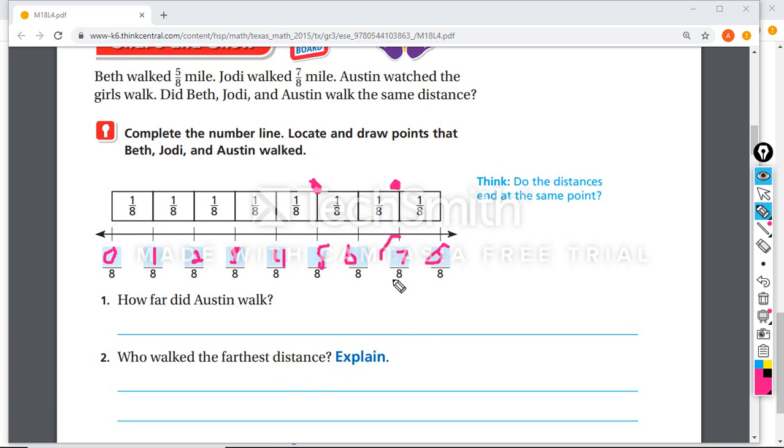Because Jody's distance is farther from 0 than Beth's distance. We're looking at distance, okay? Jody's distance is farther than Beth's distance. So Jody walked the farthest. That was easy.